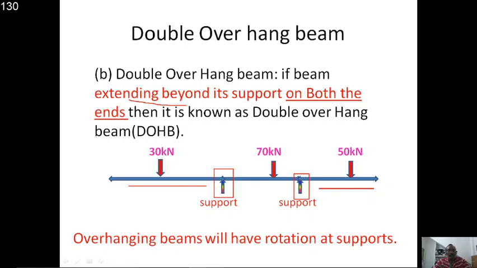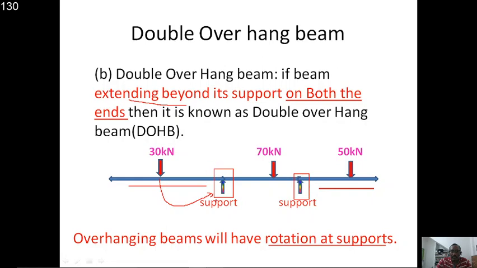Overhang beams generally have a problem with rotation at the support. You can understand that this acts like a cantilever, hence it gives rotation here.